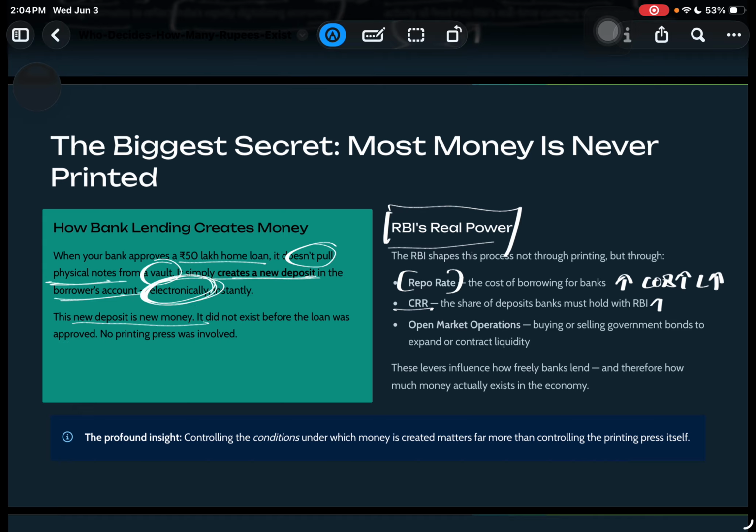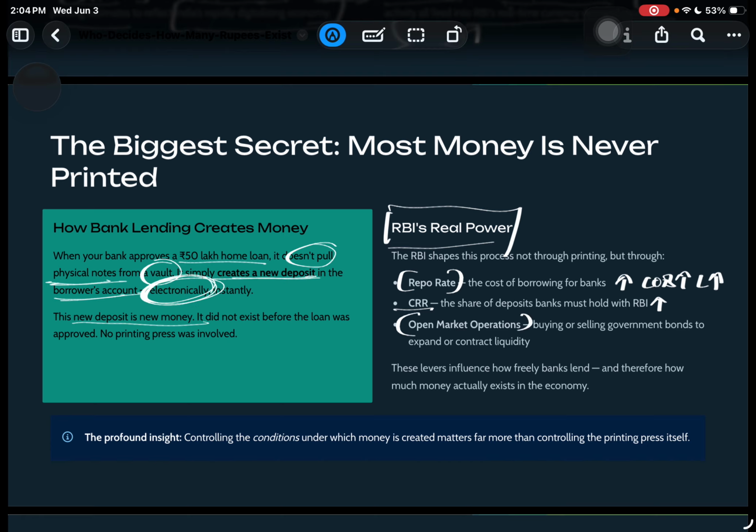This is the cash reserve ratio. If this increases, more money needs to be in the vaults of RBI than in the economy. So, the supply of money in the economy slows down, and hence inflation can be controlled.